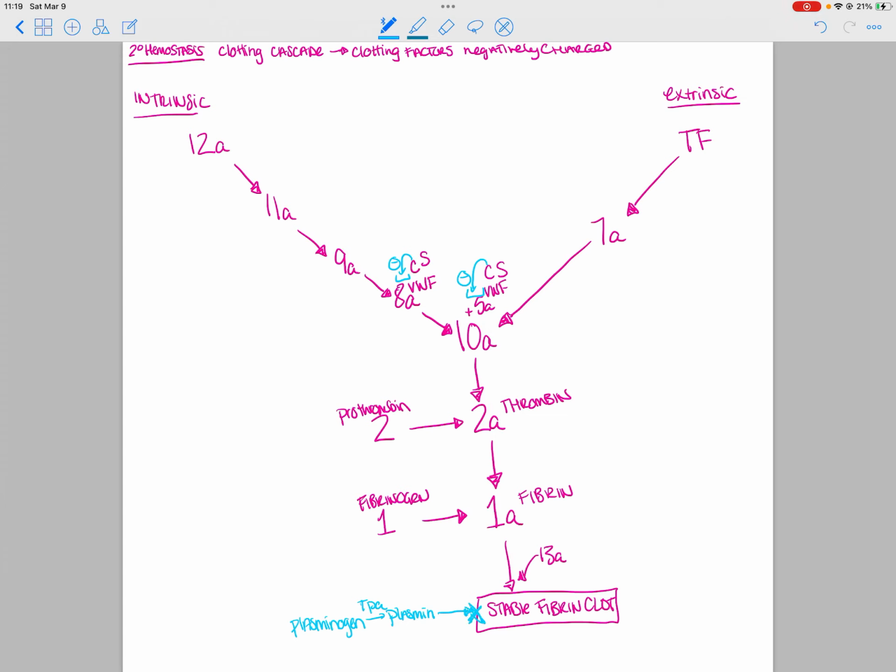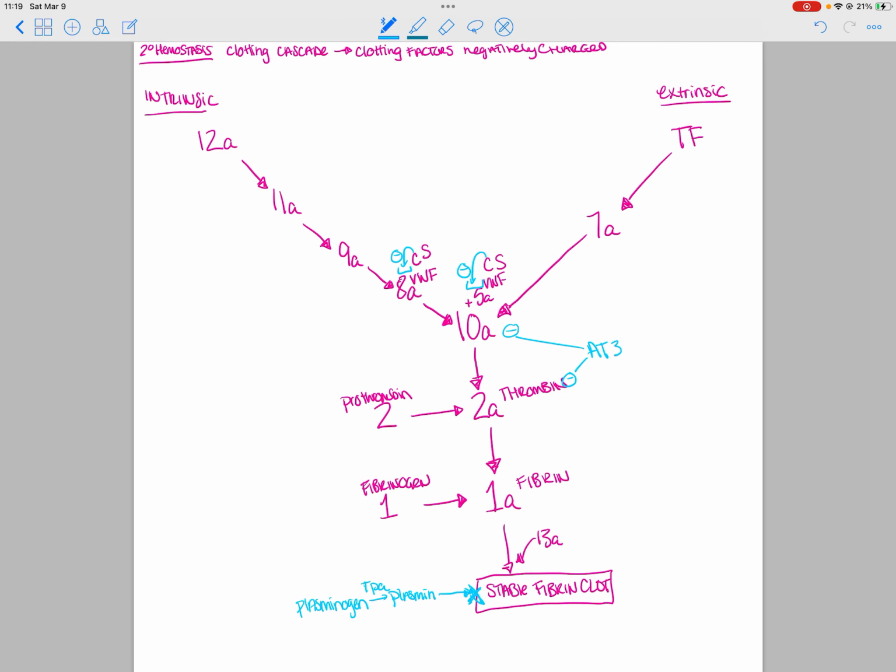And this is going to be very relevant whenever we talk about pharm pertaining to the coagulation cascade. Okay. Now, the other checks and balances would be antithrombin 3, which inhibits thrombin directly. Go figure, right? Antithrombin. So it inhibits thrombin, but it also inhibits 10A as well. Okay.